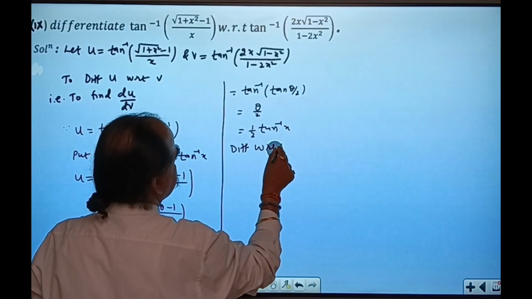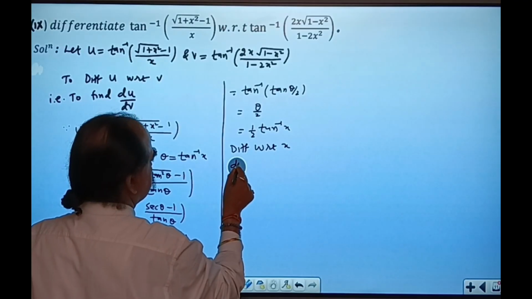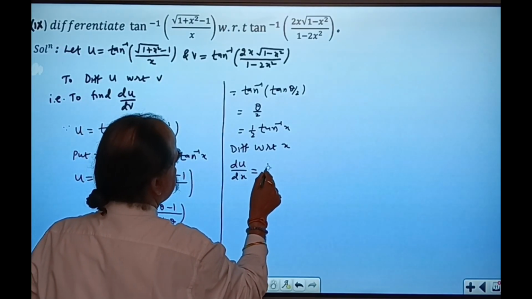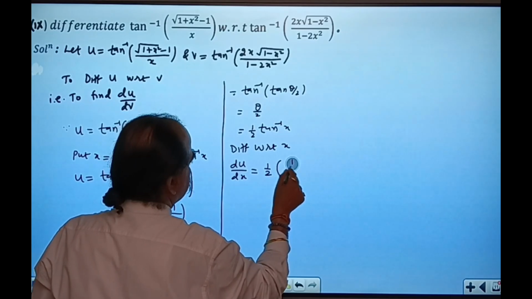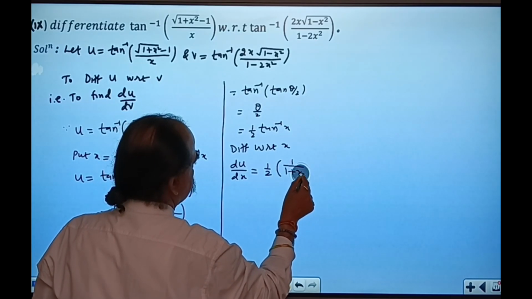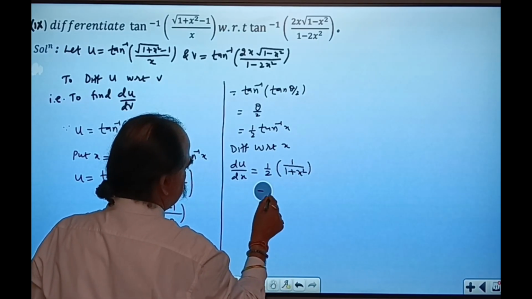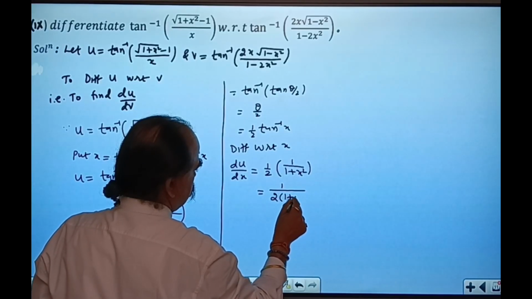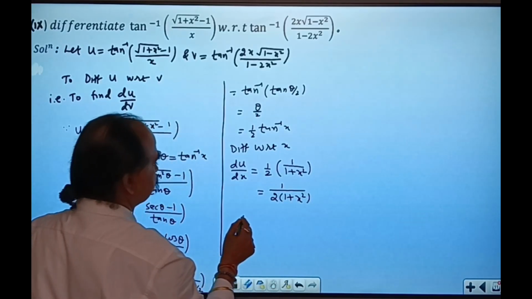Differentiating with respect to x, this is du by dx.